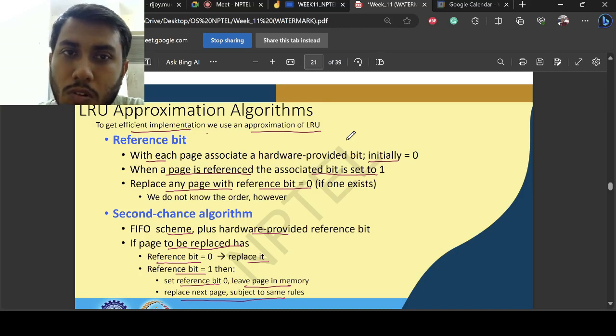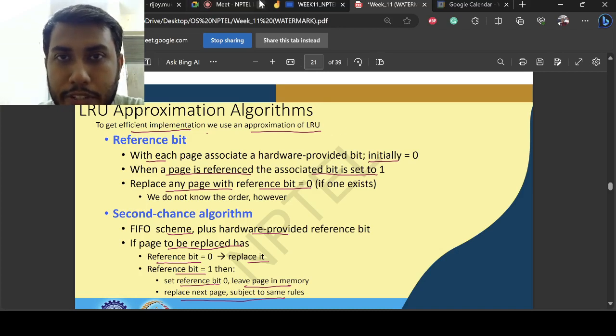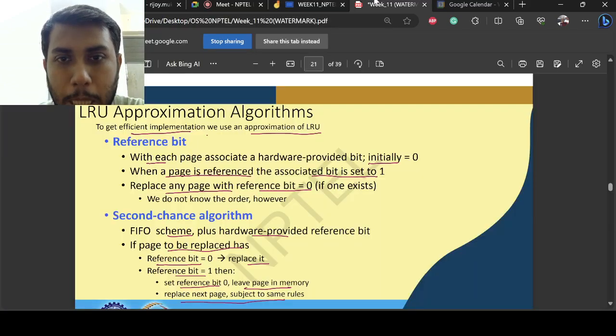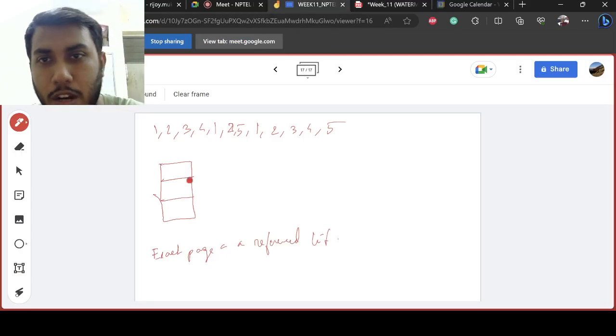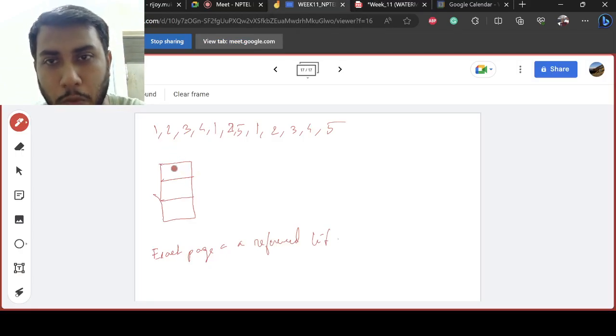So what you do in this second chance algorithm is, initially, you load this one and set the reference bit.